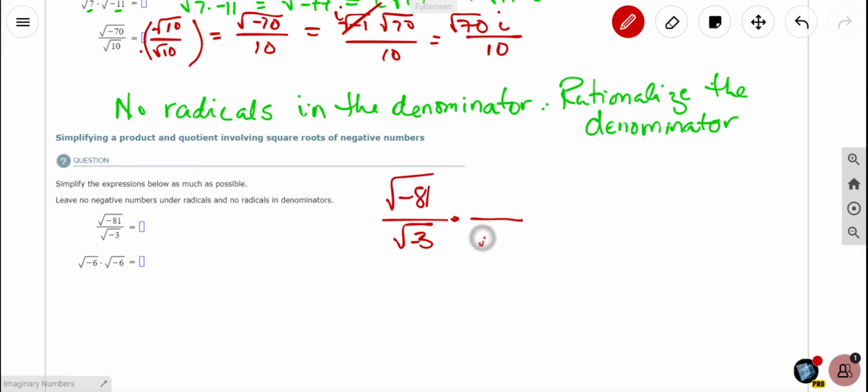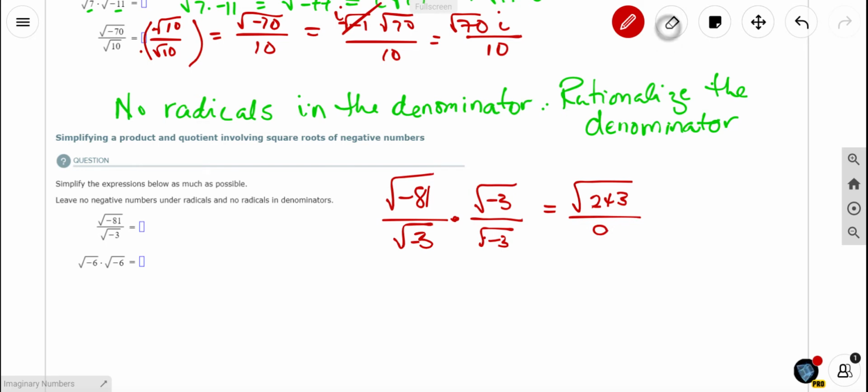We could rationalize the denominator by multiplying by the square root of negative 3. This is just 1, okay? And then you would get 81 times 3, 3 positive, it turns to a positive number. It's 243, and then you would have it over 3.